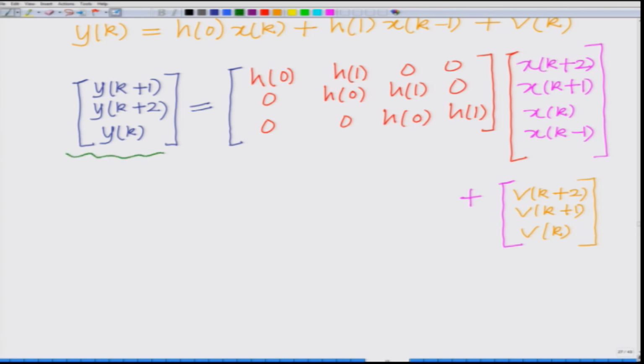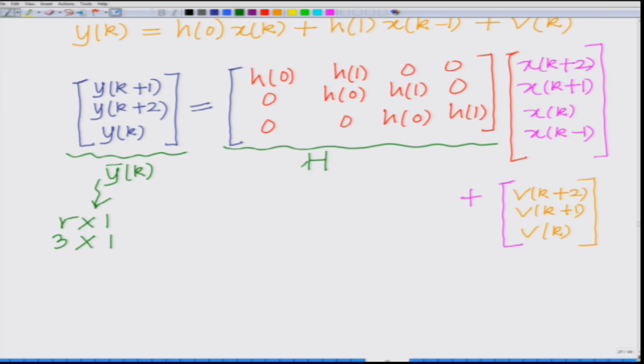Now, we call this the vector y bar of k, which has yk plus 2, yk plus 1, yk. This we call the matrix H. So, y bar of k is an r cross 1 vector, that is, in this case r equals 3, so this is 3 cross 1. H is basically r cross r plus L minus 1, with r equals 3 and L equals 2, so this is 3 cross 3 plus 2 minus 1, which is a 3 cross 4 matrix.